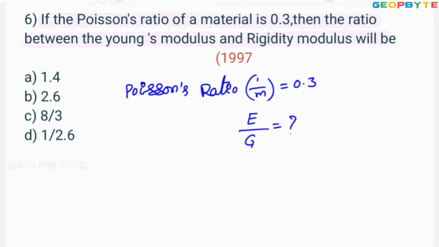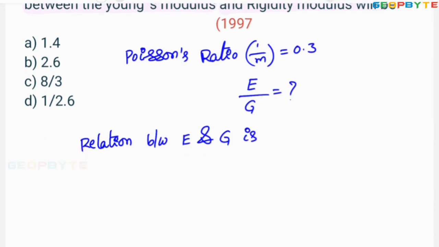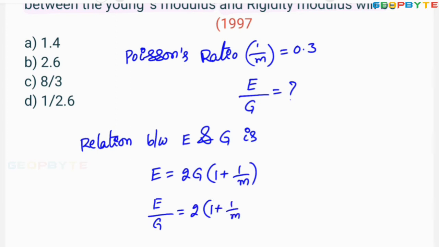You know, the relation between Young's modulus and shear modulus is E equal to 2G into 1 plus 1 by m. From this, Young's modulus divided by the shear modulus equals 2 into 1 plus 1 by m.